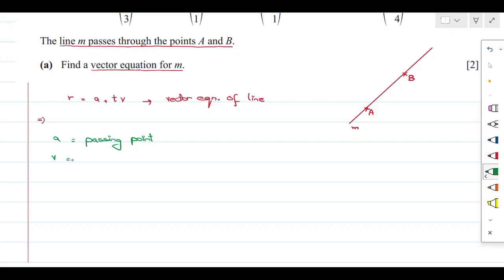And v is the direction vector of this line, right? So the direction vector, because the line M passes through the points A and B, so a is any passing point. You can take a point A as a passing point or a point B as a passing point, and v is the direction vector. So what direction vector is? The direction of this line means AB or BA. This is up to you. You can calculate any one of it.